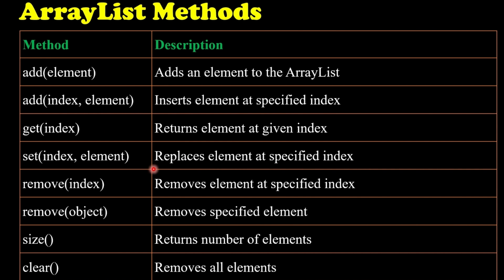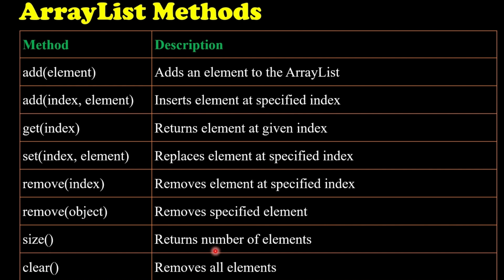Not only adding, you can also replace the element by providing the new element. Then remove by index and remove by object. Remove by index means if you provide the index as an argument, then the element at that particular index will be removed. Remove by object means if you provide the object as an argument, then the specified element or object is removed.